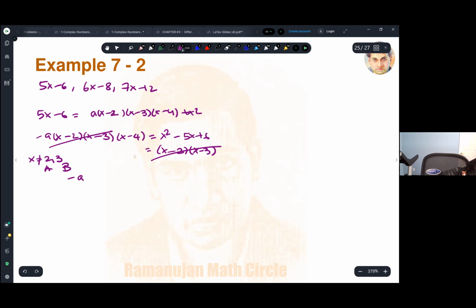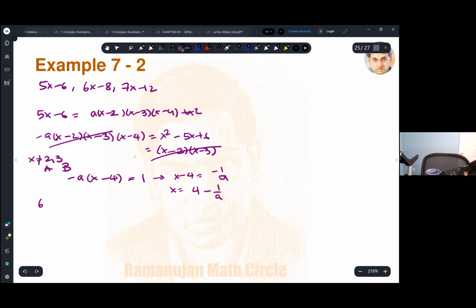So then you get that a times x minus 4 is equal to 1, using the sign, and then we're going to solve for x. So x minus 4 is equal to negative 1 over a, and x is equal to 4 minus 1 over a.